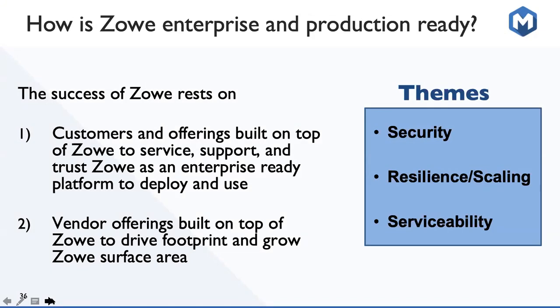They mostly address quality and stability, giving the reassurance that those remain so, and making it a good user experience for download and install. So I'm going to be talking about other aspects of enterprise and production ready: security, resilience, scaling, and serviceability.